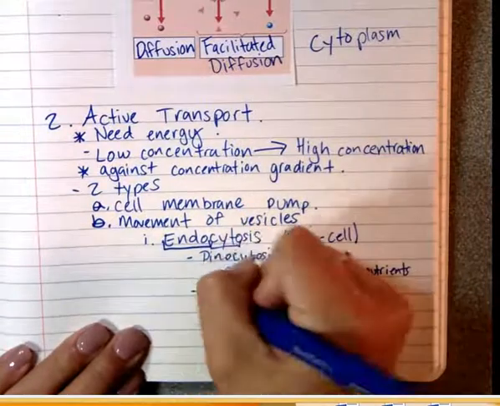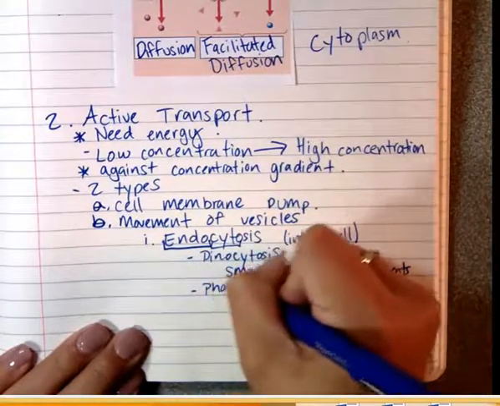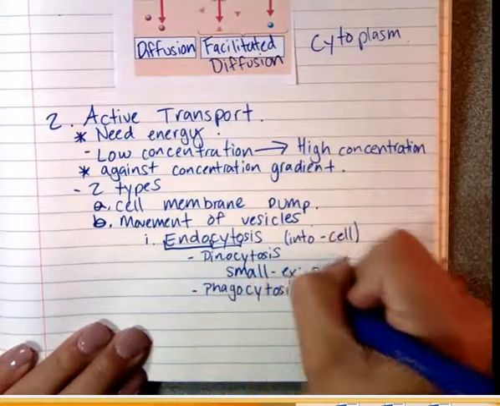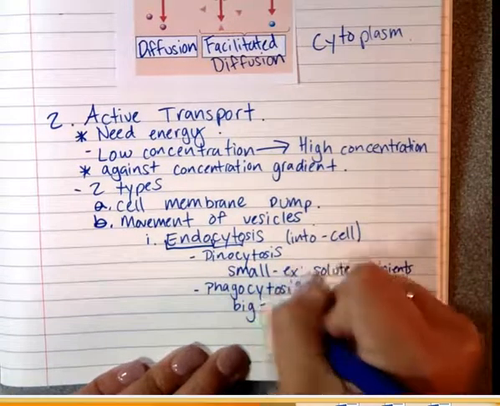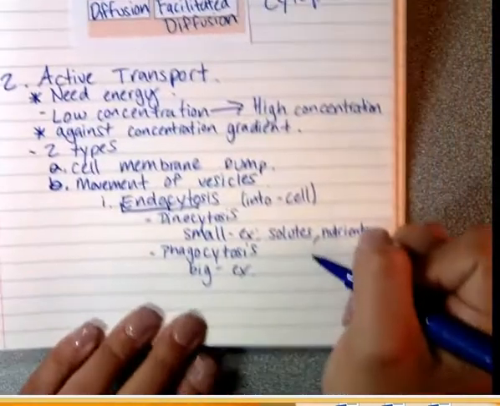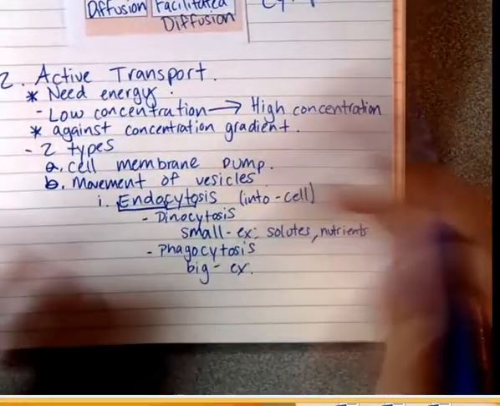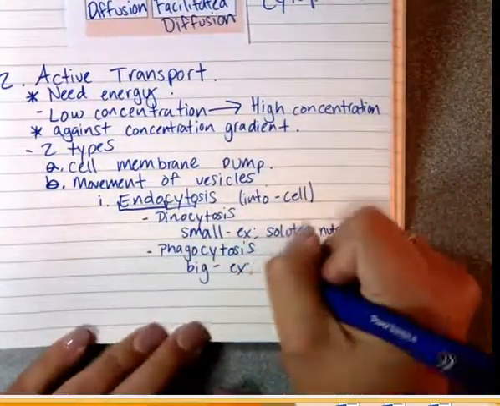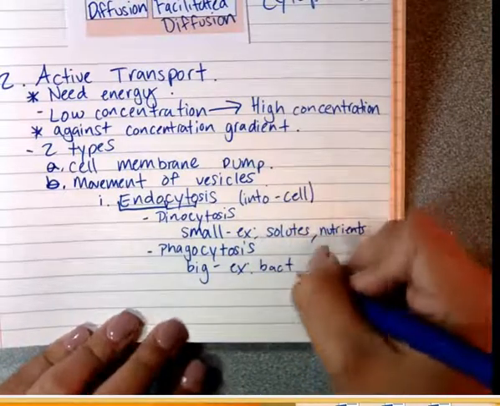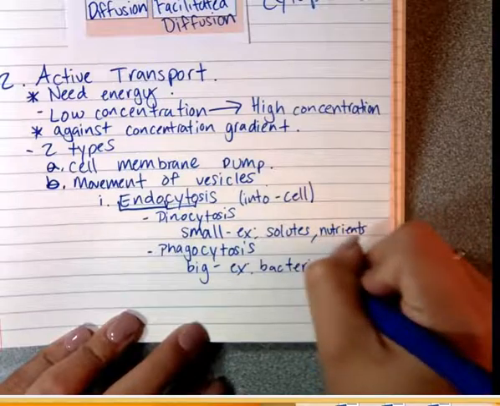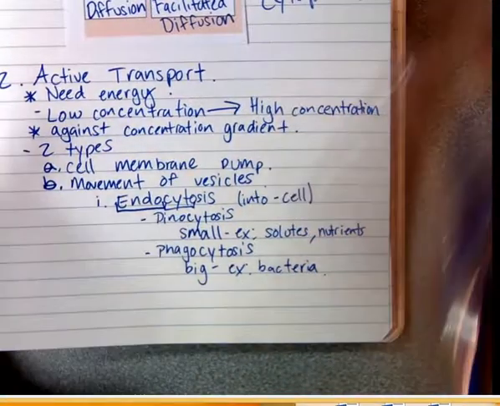And then the other type is going to be phagocytosis. And this is going to be for big things. For example, if it's a white blood cell that's engulfing or eating a bacteria, you would say that that is phagocytosis. It is eating an entire cell.